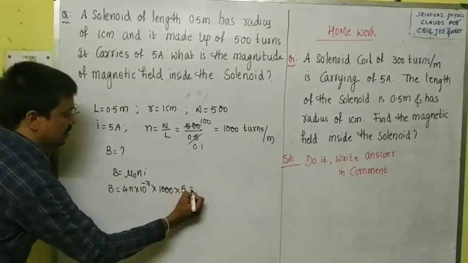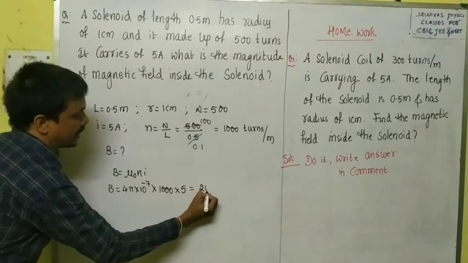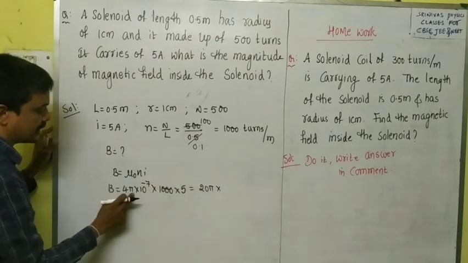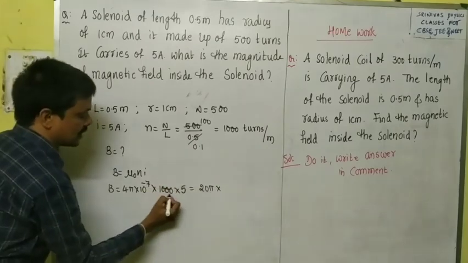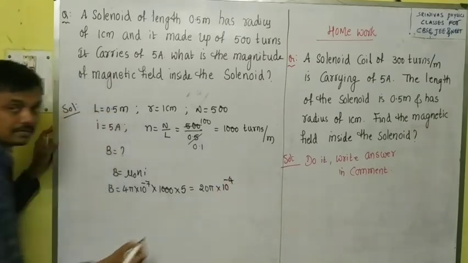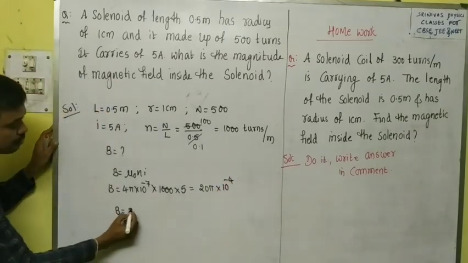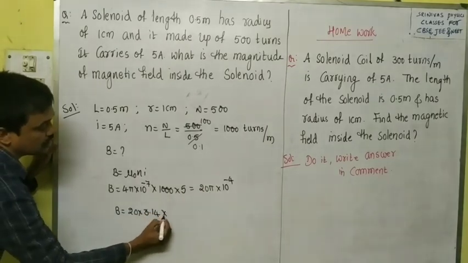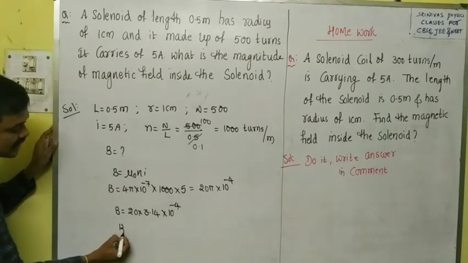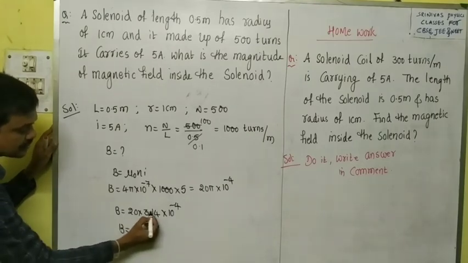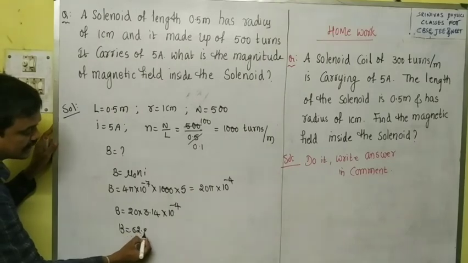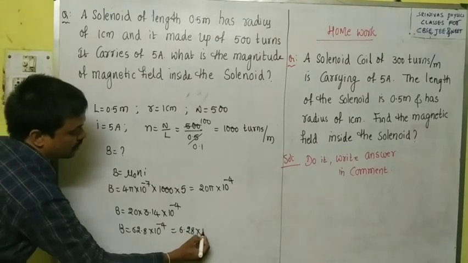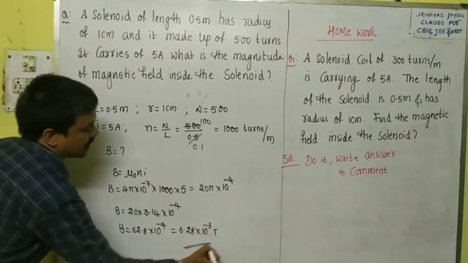Then we get 4 into 5, 20 pi into 10 to the power of minus 7 into 10 to the power of 3, so 10 to the power of minus 4. With pi as 3.14, we get 62.8 into 10 to the power of minus 4, or 6.28 into 10 to the power of minus 3 Tesla. This is the answer.